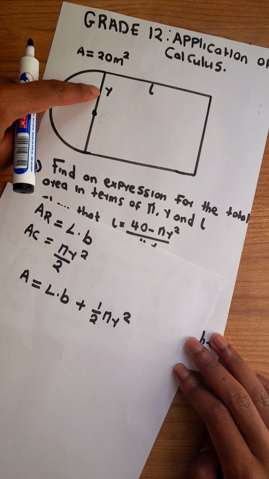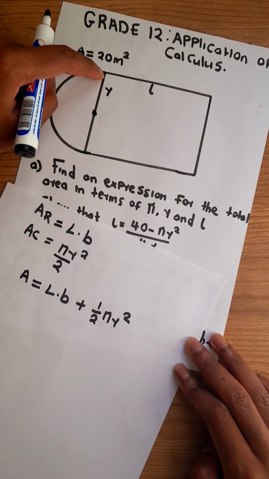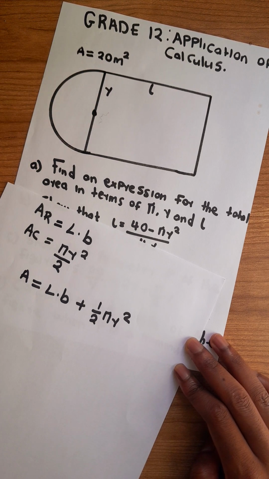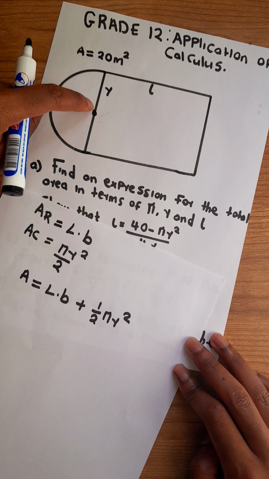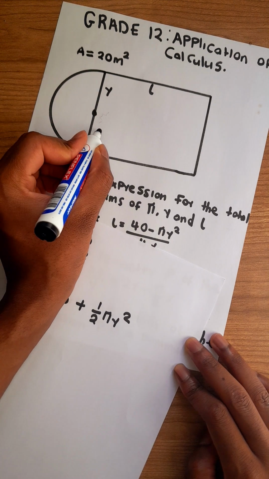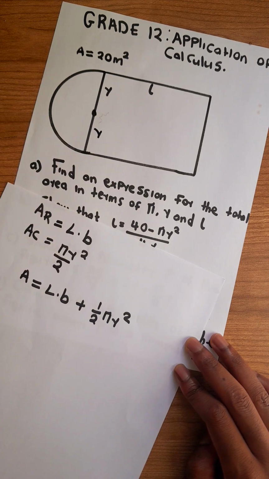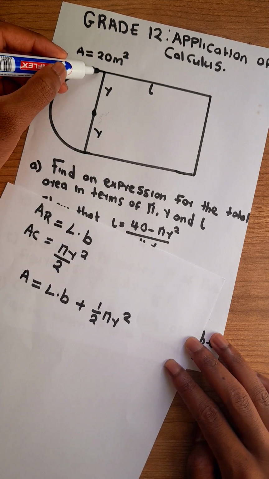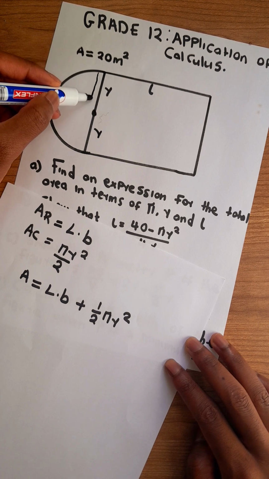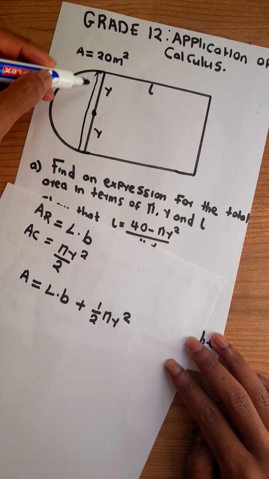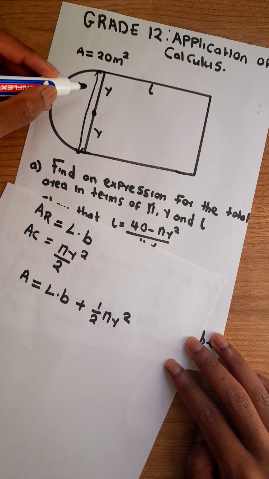But let's look at this part. This is the radius of the semicircle, and we know that the radii of a circle are equal. So if this side is r, then this one is also r. So the total length of this thing from there to there is just going to be 2r.